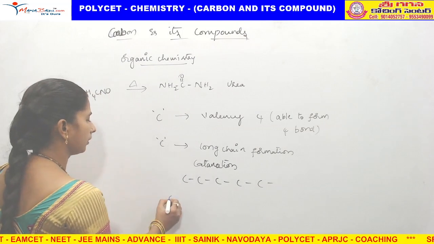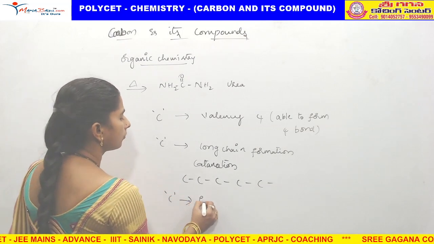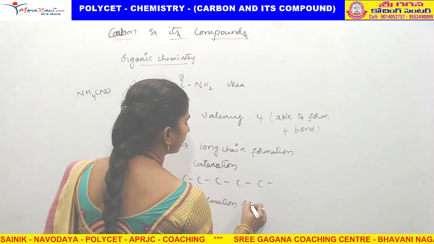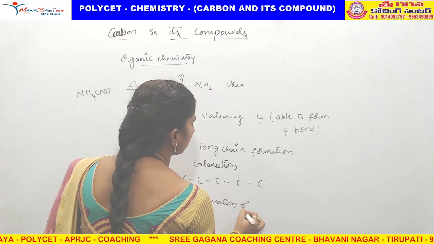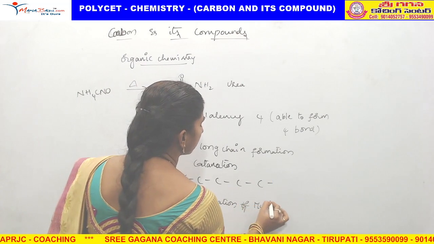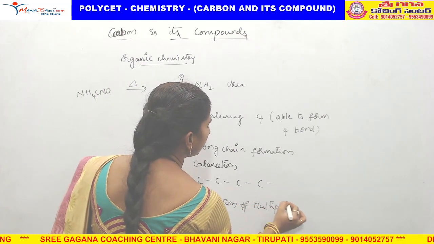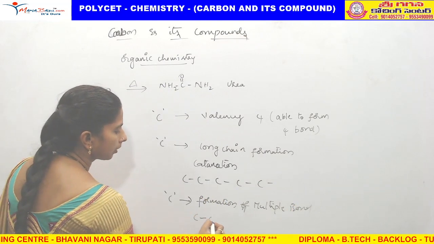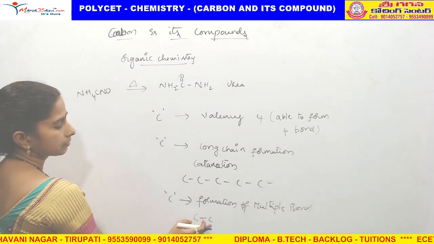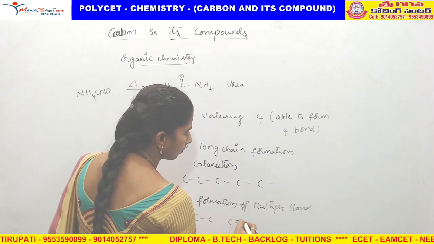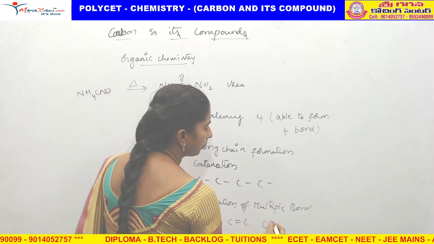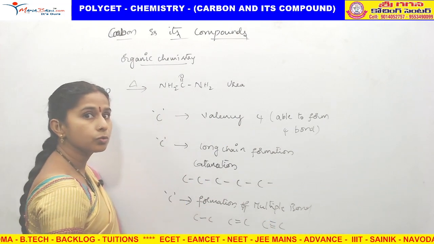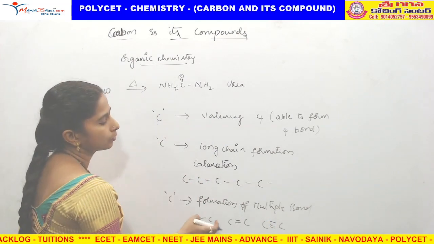And after that, formation of multiple bonds. What is meant by multiple bonds? It is able to form a single bond between 2 carbons, double bond between 2 carbons, triple bond between 2 carbons, in different molecules or in the same molecule also.